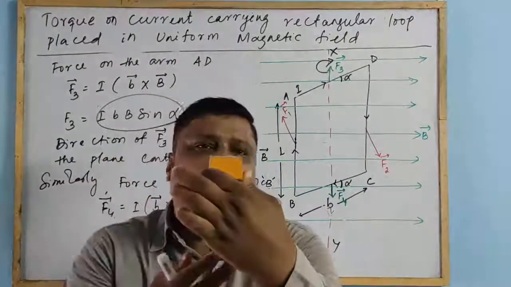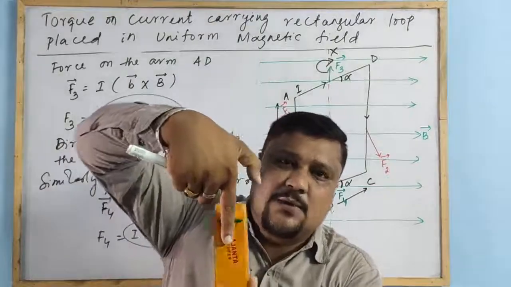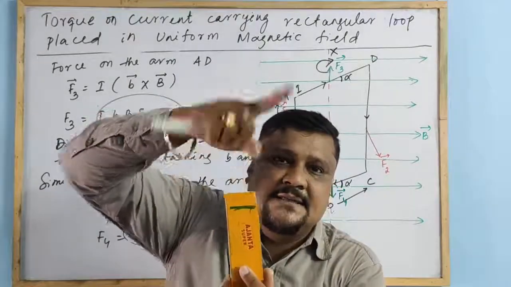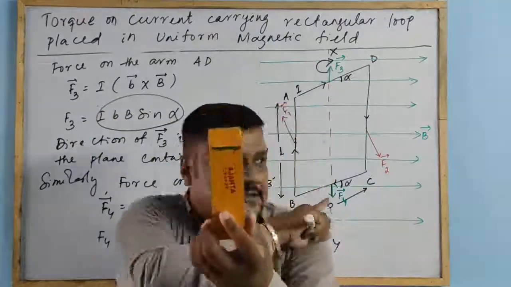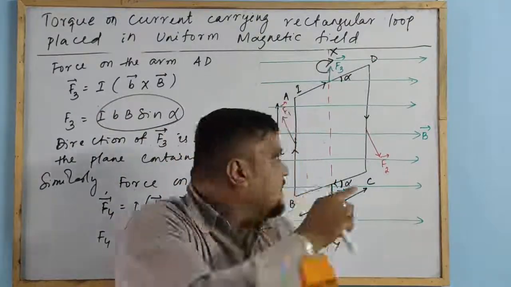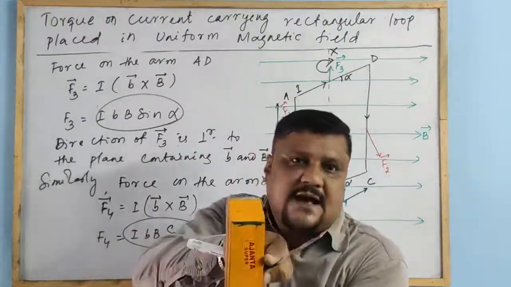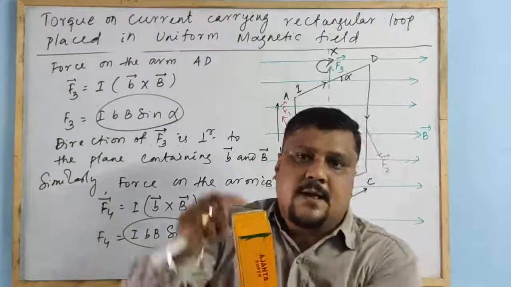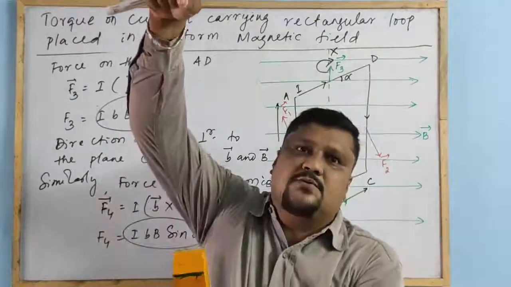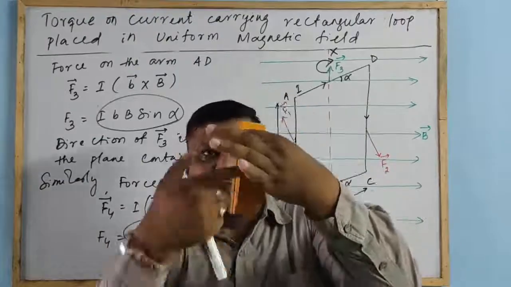If you take a loop, this is the axis of the loop, and the loop can rotate like this. One force acts on this arm perpendicular inward, on this arm perpendicular outward.